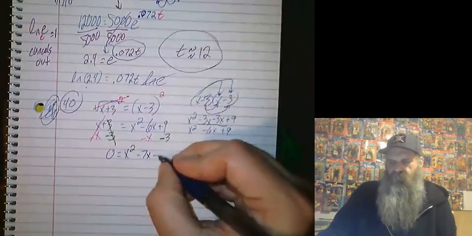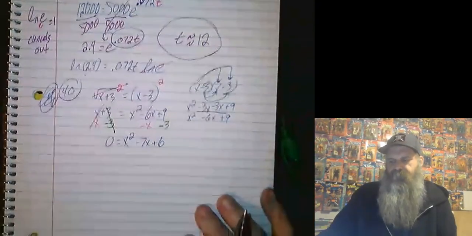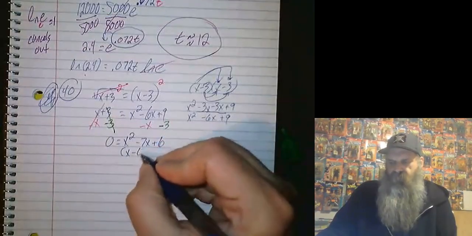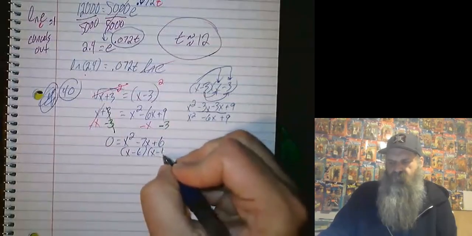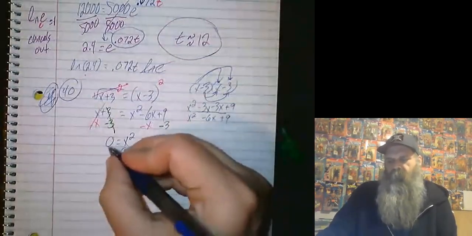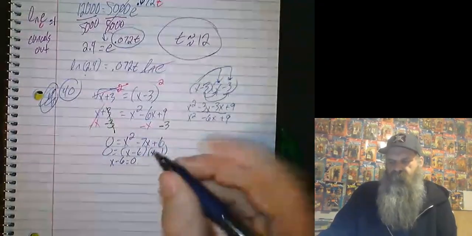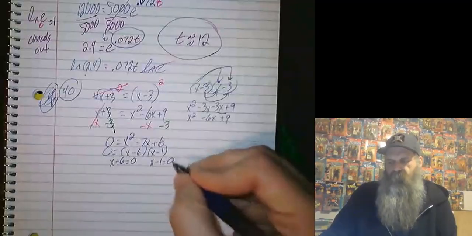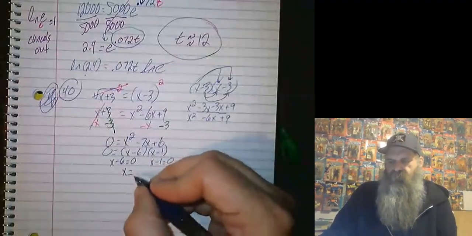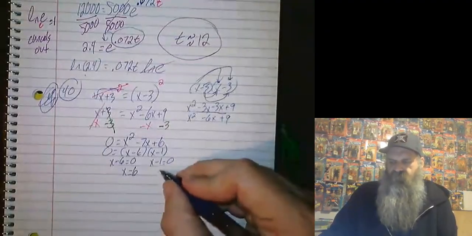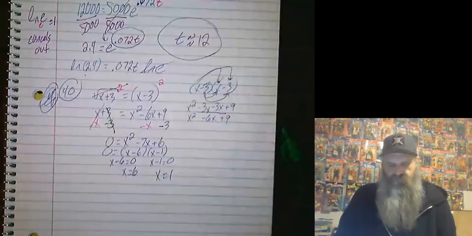And we just combine like terms. And this factors into x minus 6 times x minus 1. We set each factor containing a variable equal to 0. So we get possible solutions of x equals 6 and x equals 1.